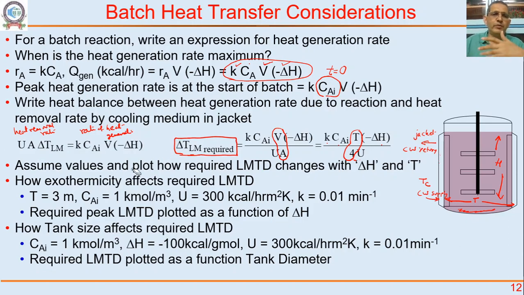Let's take some values. Let's say T is 3, CAI is 1, U is 300. Plot LMTD required as a function of delta H from this expression. That's one. Second thing, how tank size affects. Take these values, plot how LMTD required changes as a function of tank diameter.